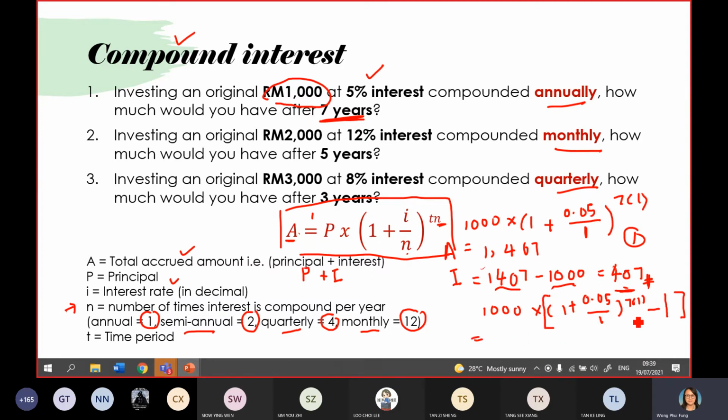Similar formula, just that at the end here, minus 1. Calculate this part first, then times 1000. I want to know what figure you get. This one is very important. You have to know this, then only will you know how the interest is compounded. Anyone? What is the figure at the end?